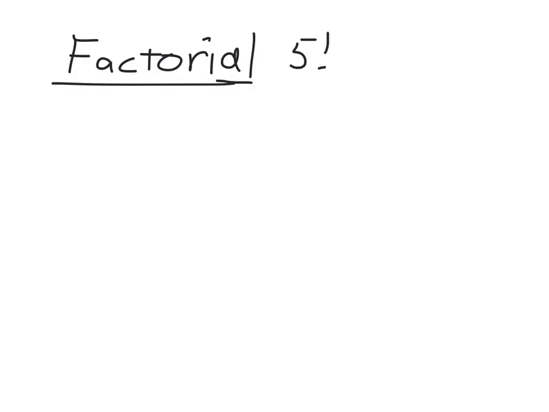5 factorial means 5 times 4 times 3 times 2 times 1. It's all of the natural numbers multiplied from that number down. Or you could say 1 times 2 times 3 times 4 times 5. The order doesn't matter because it's multiplying.